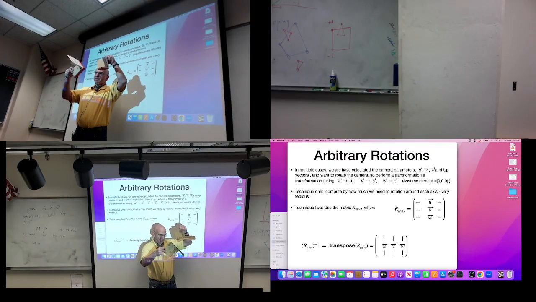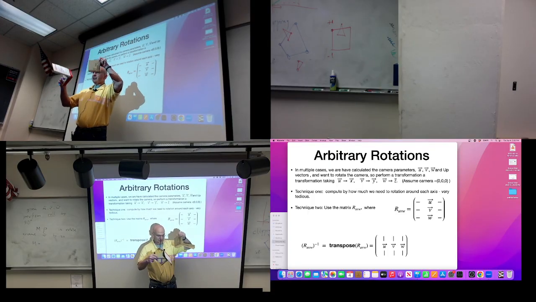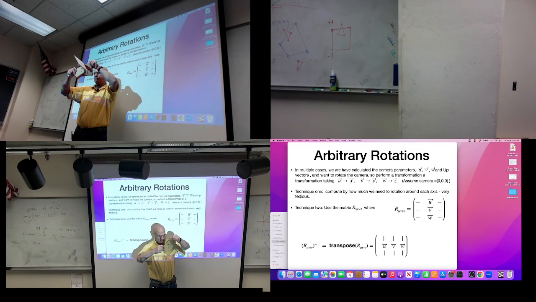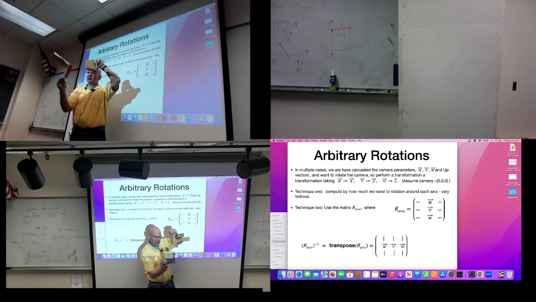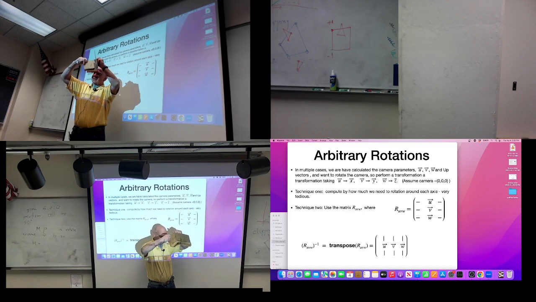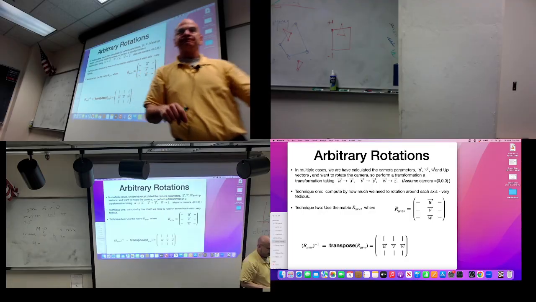UVW, arbitrary rotation, XYZ, arbitrary rotation. I'll hold them differently, but assume the 0, 0, 0 is common to both of them.